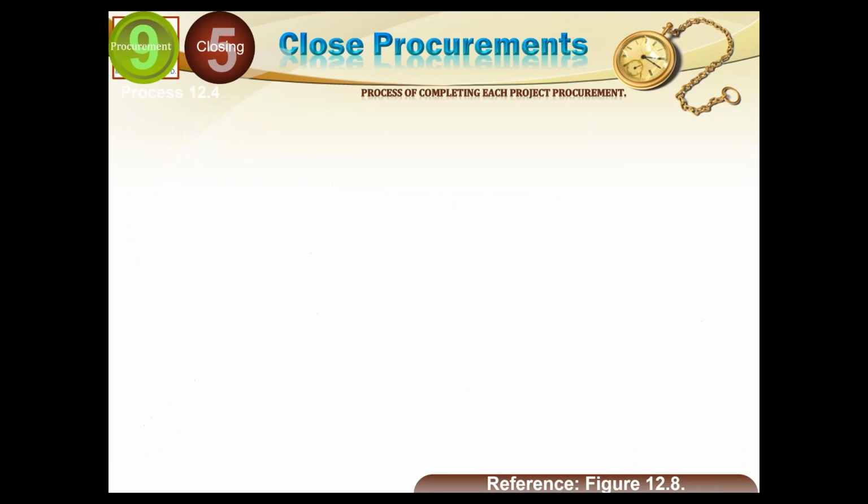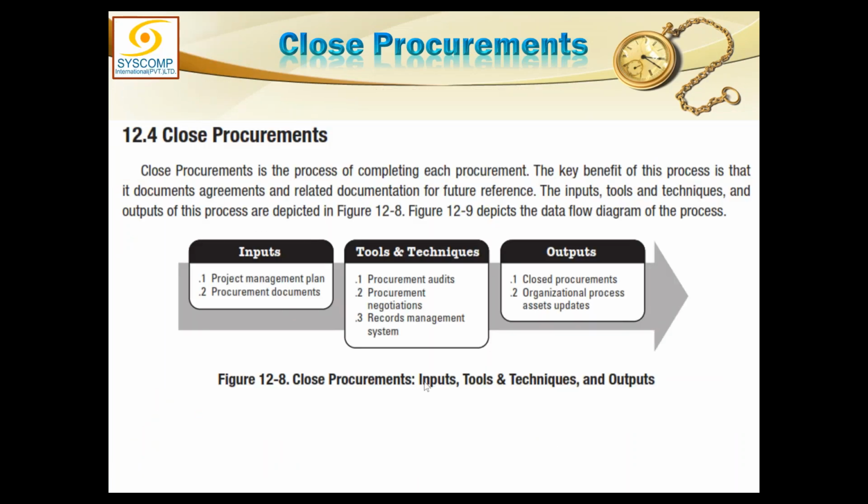In close procurements, that is the simplest of processes, but it is responsible for the procurement audits. So the project management plan and the procurement documents are input. It checks everything. The procurement audits ensure that all the work of the procurements and the subcontracts has been completed and all the deliverables have been delivered.